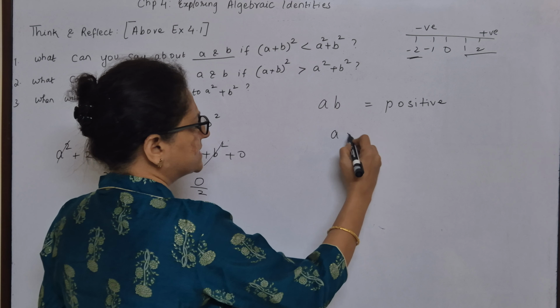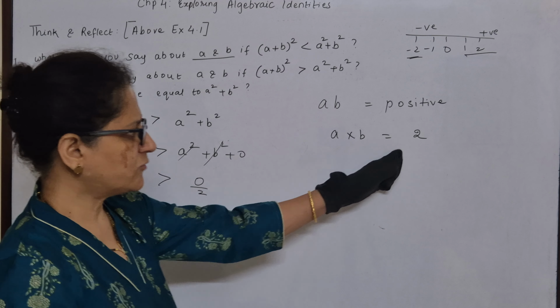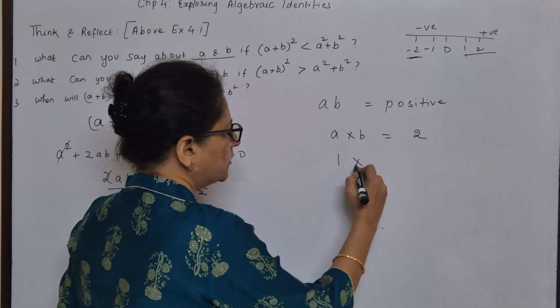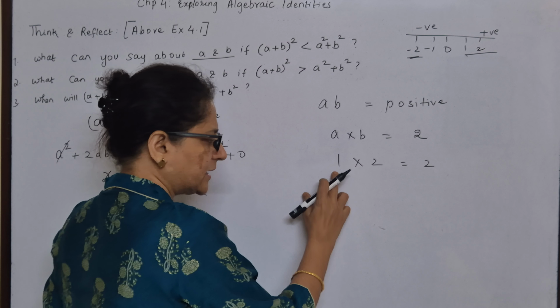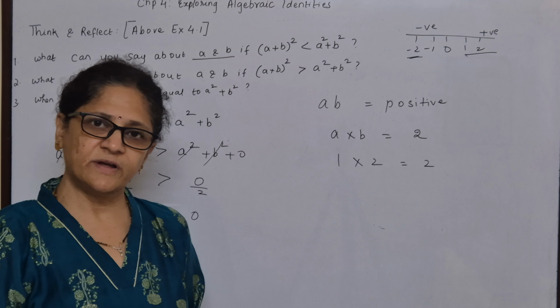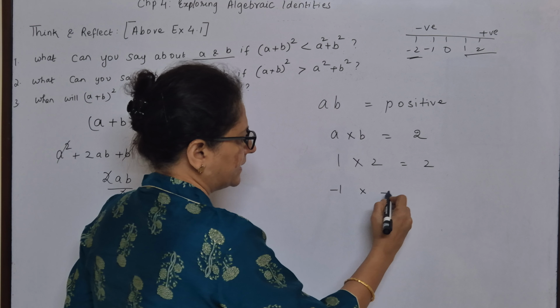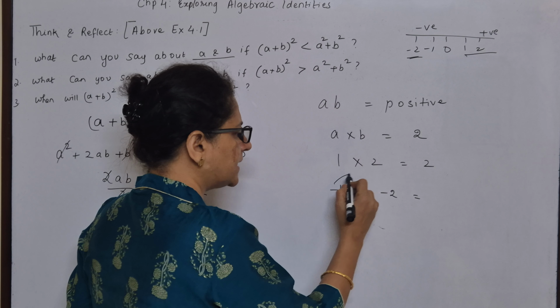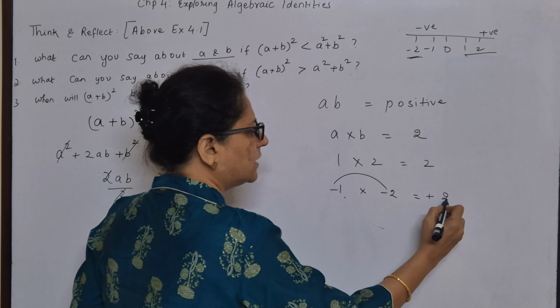Let me assign a number 2. First I took minus 2, now I am taking 2 because I want a positive. So 1 into 2 is 2. Right? So A is carrying positive and B is also carrying positive. Is this the only way possible? No, there's one more way. Both can be negative. Why, children? Because minus into minus still I will get plus only, and 1 twos are 2.